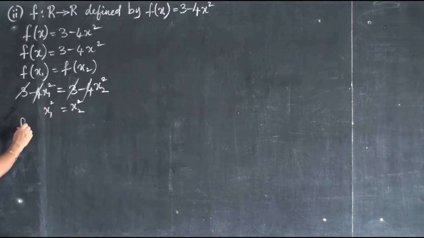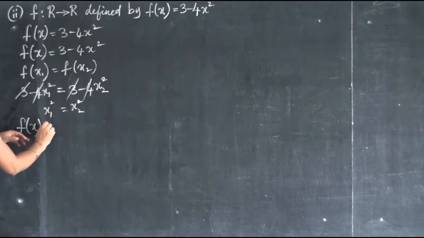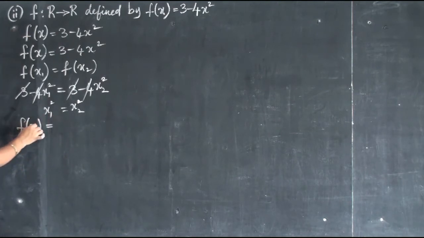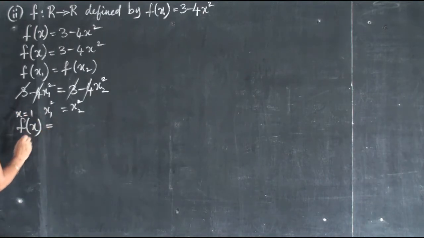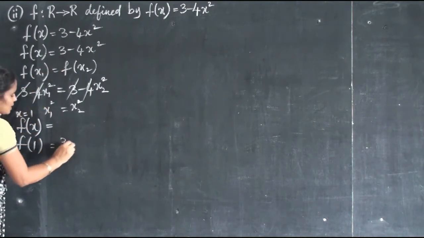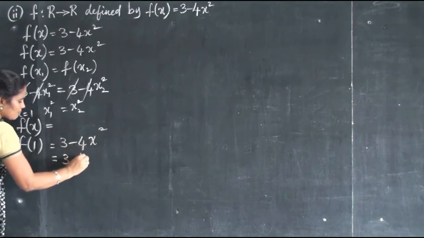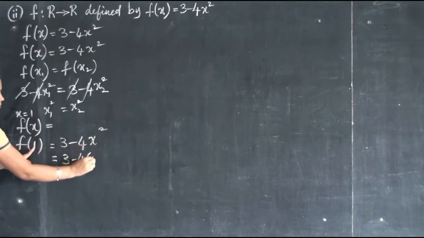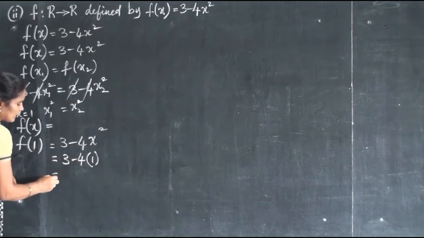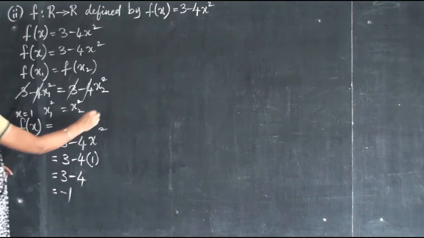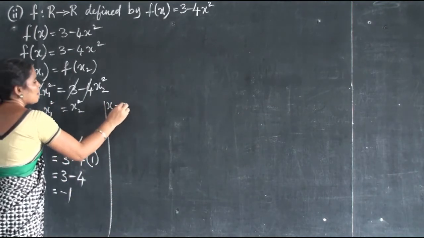Now substitute for f of x, you can take any number, so we'll go with x is equal to 1. Apply x equal to 1 in f of x is equal to 3 minus 4x square. You take 1, so 3 minus 4 is equal to minus 1. Again take x as minus 1.